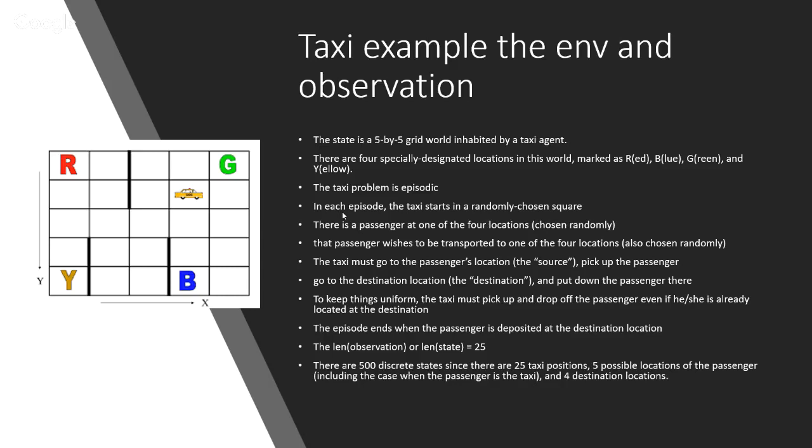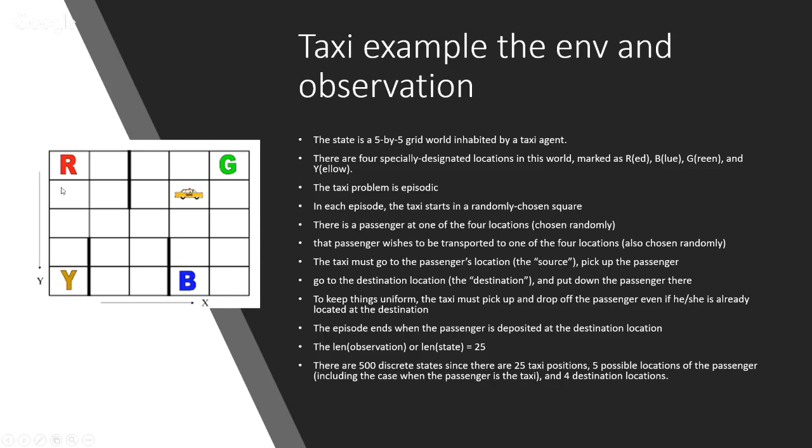So it's pretty much a 5x5 grid, as you can see there. There are 4 specifically designated locations, so red, green, blue, and white, which is the yellow. The task is episodic, so it basically has a start and a finish, so it's not continuous or anything like that.